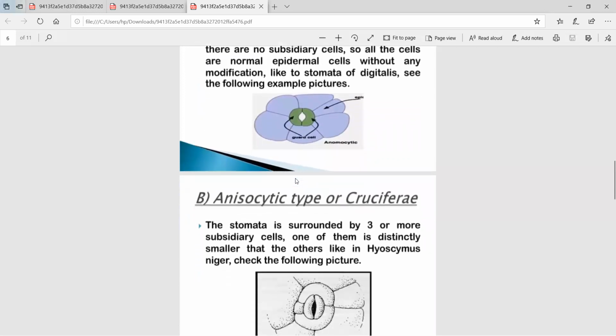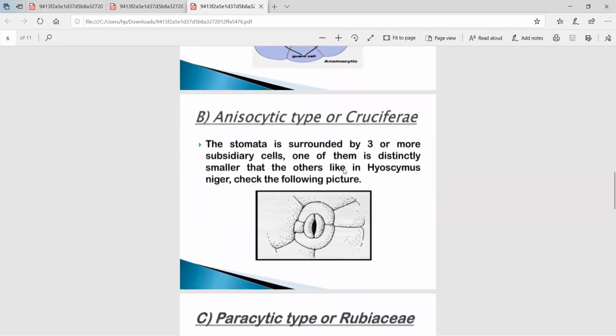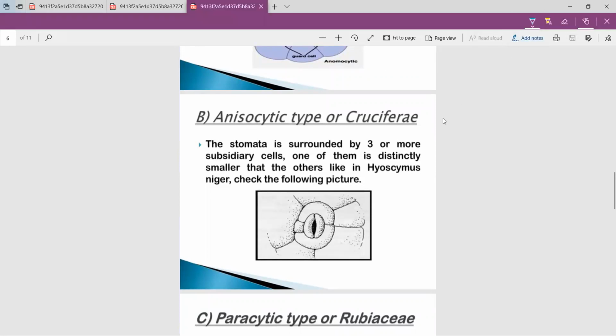Second one is anisocytic type. So the stomata is surrounded by 3 or more subsidiary cells. Here 3 subsidiary cells are present, of which 2 are larger in size and 1 is smaller.